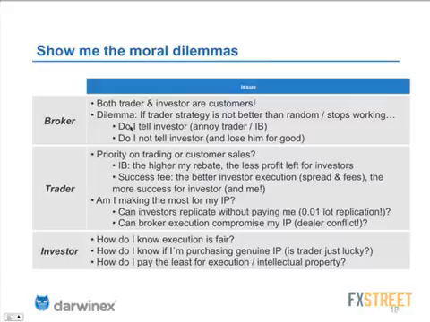From the broker's standpoint, as you see at the top, both the trader and the investor are his customers. So if the broker sees that your trading is not really better than random, or that the strategy has stopped working, and let's face it, some strategies do stop working, at least for a time, they have a choice to make. Do they tell the investor that this strategy doesn't seem to be working too well?